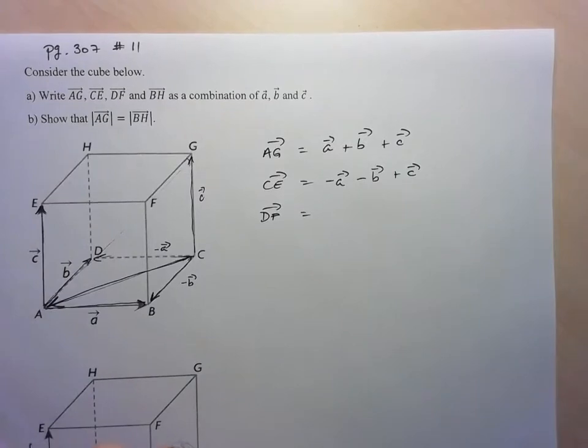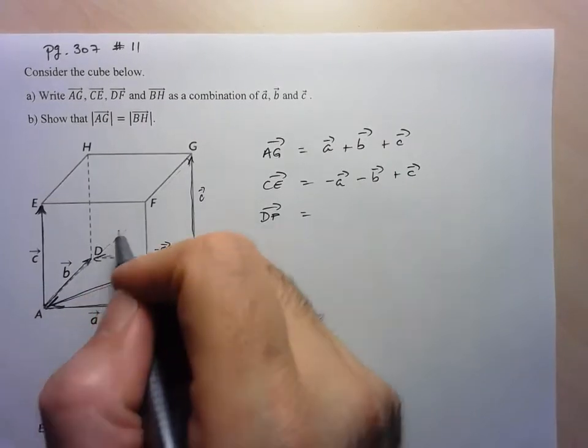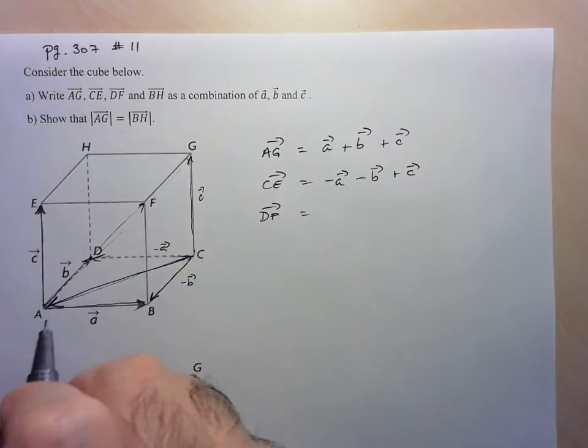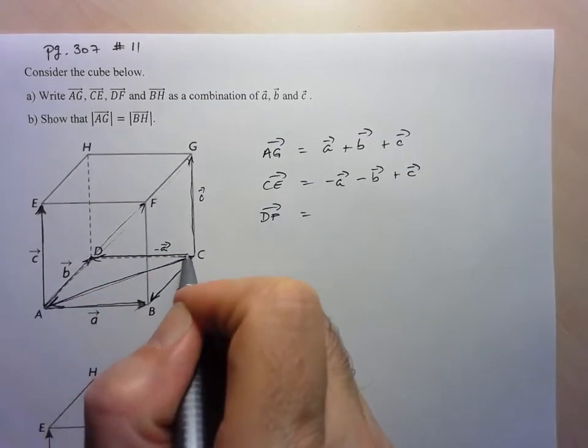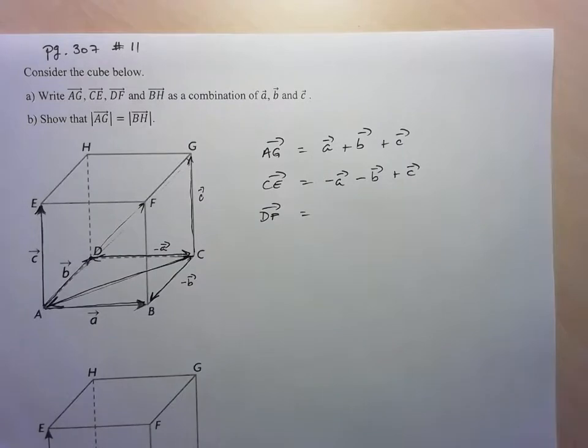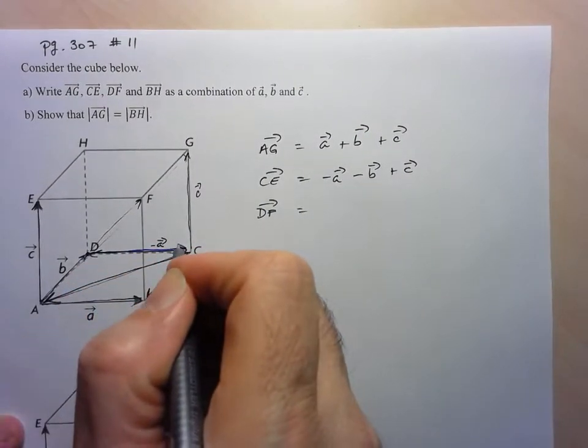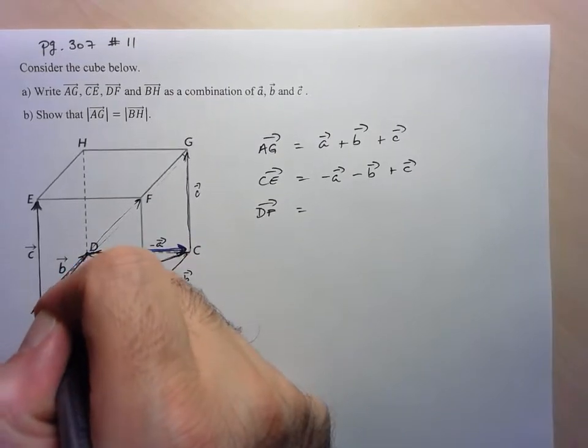DF is from here to there. Again, let me start on this side. I'm going to have to add these two vectors. In fact, let me use a different color here, got different markers. I'm going to have to add this vector plus that vector.